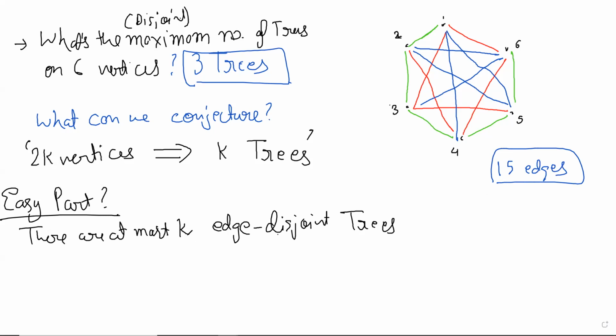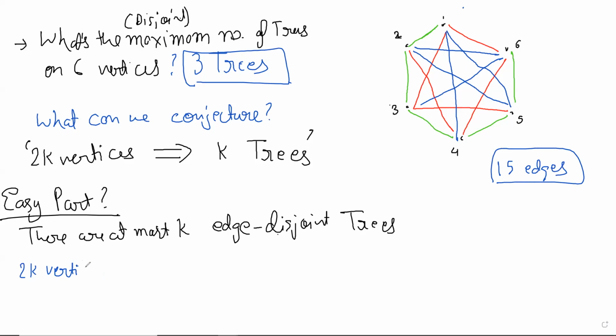So when there are 2k vertices, that is just on grounds of basic numerical reasoning, not even structural grounds, just numerical grounds. There cannot be more than k trees.